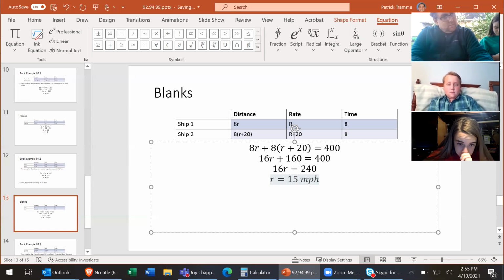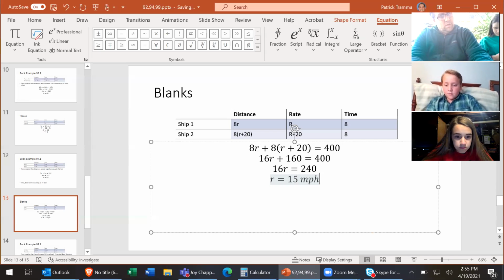Read the question again. The ships were 400 miles apart at midnight and were headed directly toward each other. If they collided at 8 a.m., find the speed of both ships if one was 20 miles an hour faster than the other.